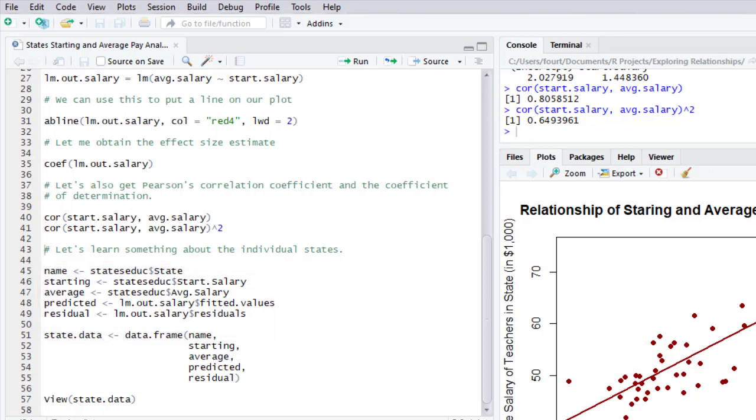I am going to use a function called data.frame. This creates a new data set with the variables that you provided as function parameters. I'm going to create a new data set that I'm going to call state.data. I will use the data frame function with each of my new variable names to populate this new data set.